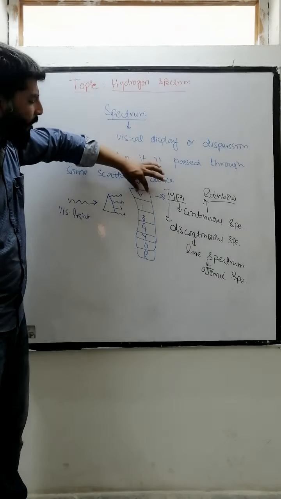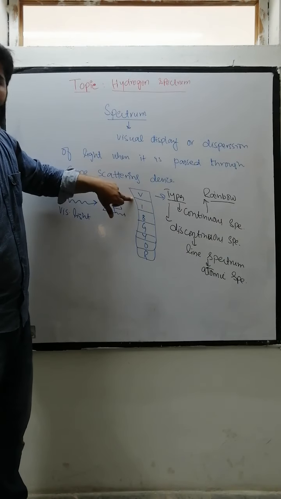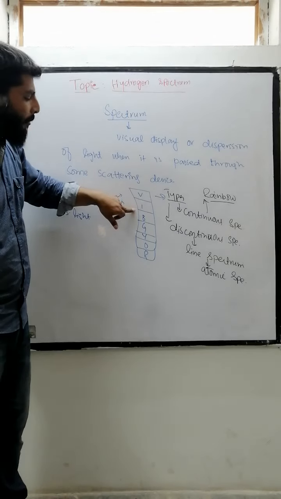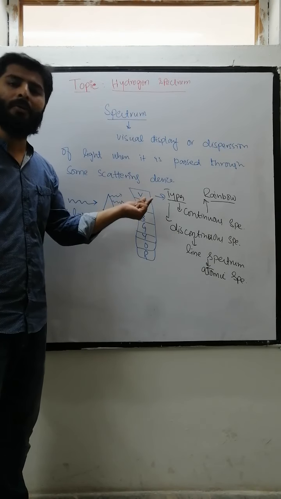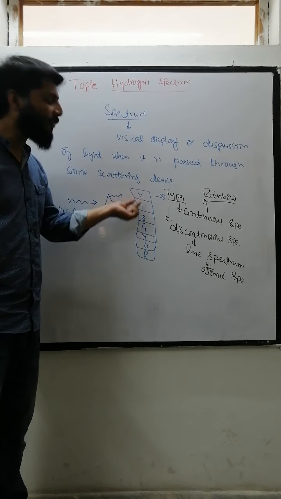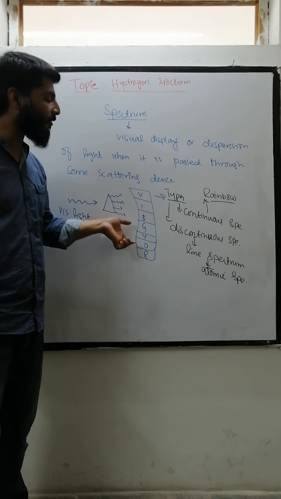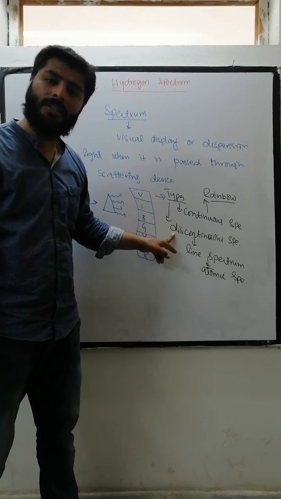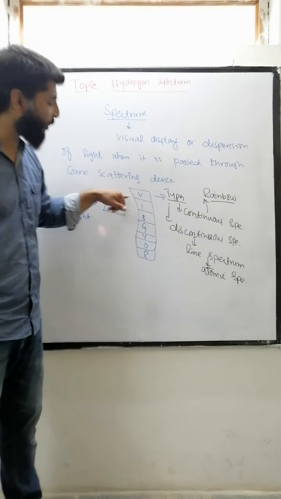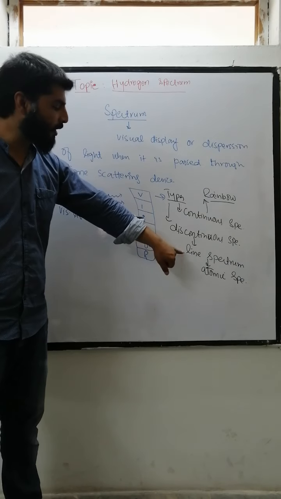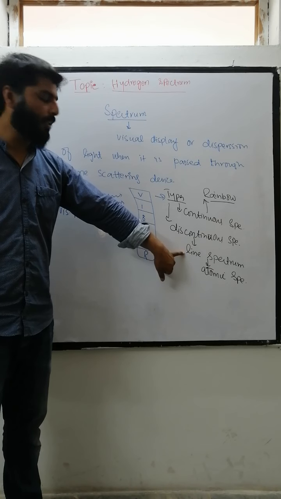For example, we have violet, then a boundary, then indigo, then a boundary, then blue, and so on. If we have a sharp boundary between different colors, then this pattern will be known as discontinuous spectrum or the line spectrum, because there are sharp lines between colors. So it is also known as the line spectrum.